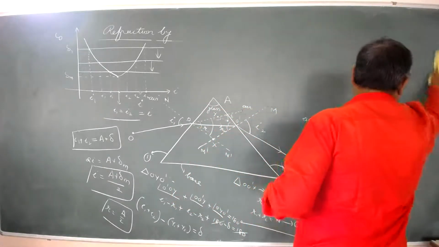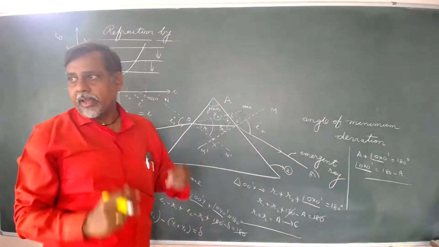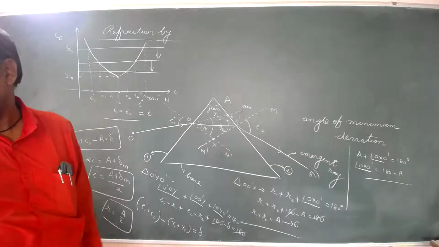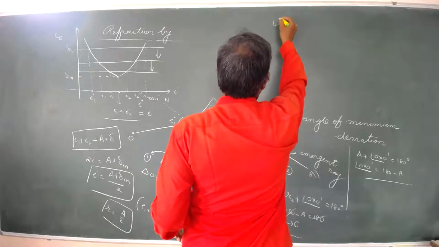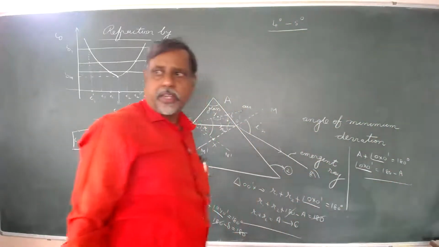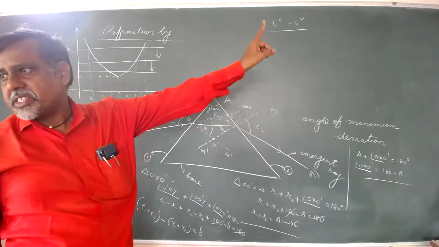This is what we have to keep in mind. Usually, up to 4 degrees to 5 degrees we can take. So this can be considered as a thin prism.